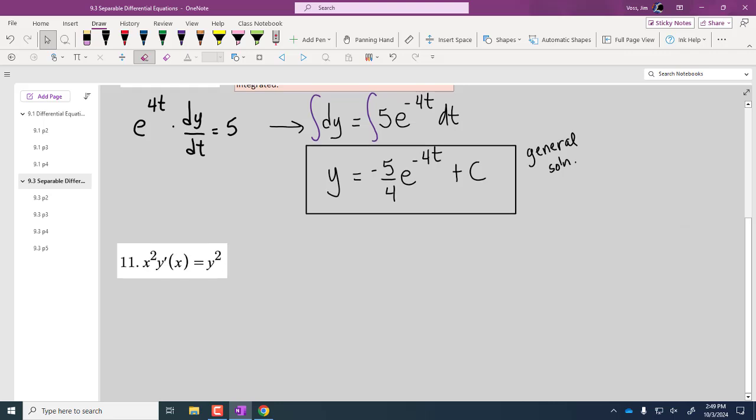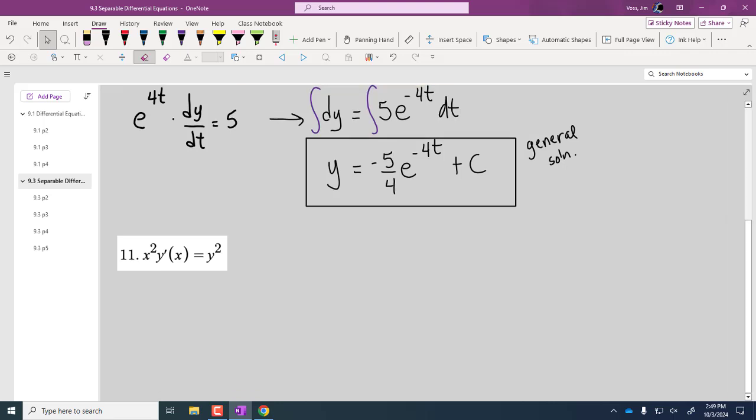All right, see if you can do this one. Separate and solve for y for this number 11. So all the y's to one side, all the x's to the other.